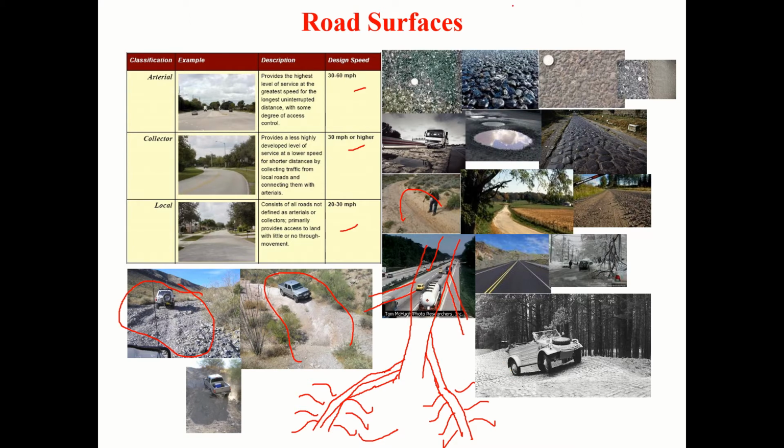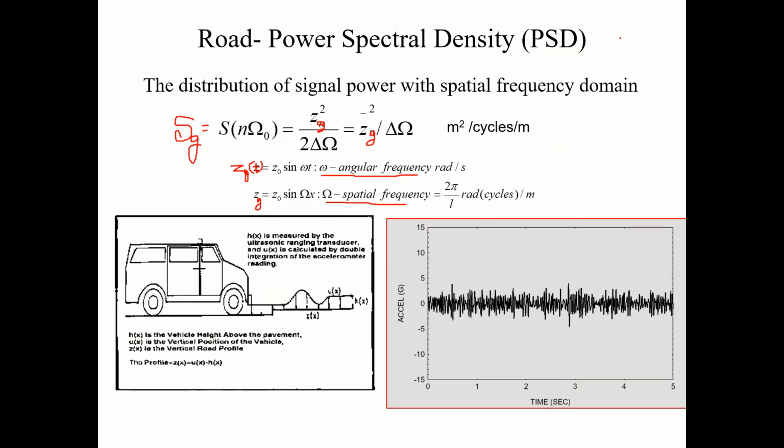And we have to develop the model like this. Model means equation. One of the ways we talk about is road power spectral density. What is that? It is the power that a signal contains in a given frequency range.